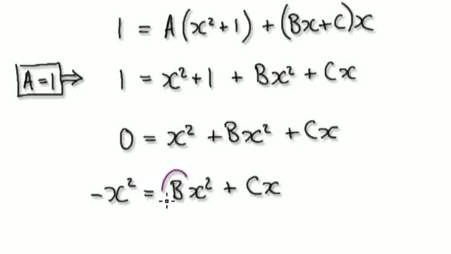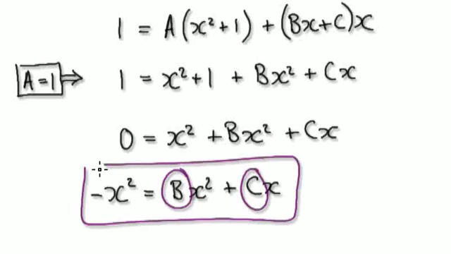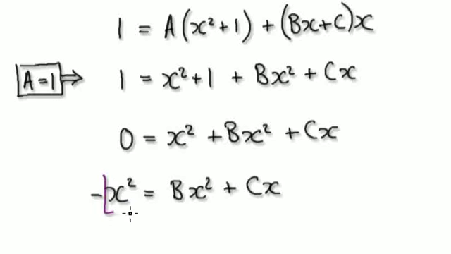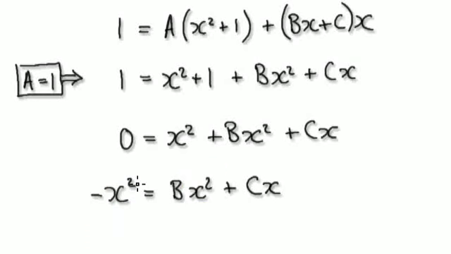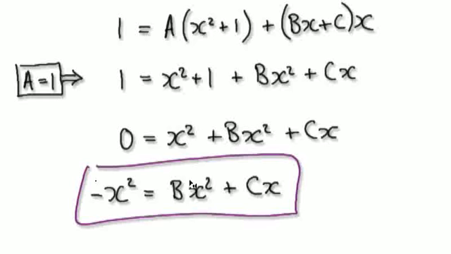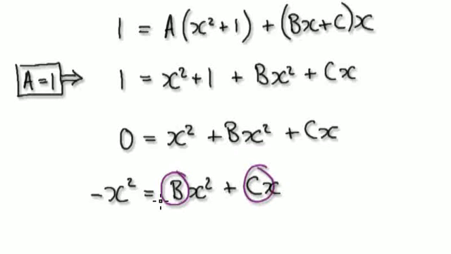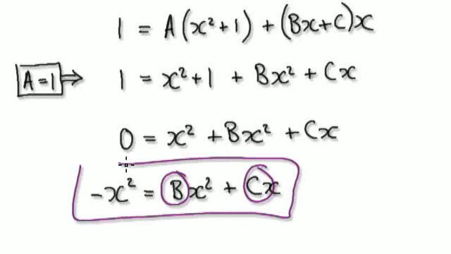So now you just need to select A and B in such a way that this whole statement is true. Well, if you look at this here, you've got minus x squared here, and you've got an x squared here. You've got no x term over here. You've got no x term on the left-hand side. Well, when you get to this stage here, you have to select B and C in such a way that this statement makes sense.